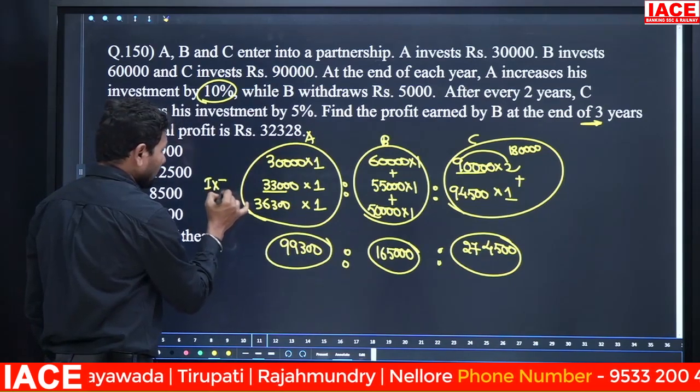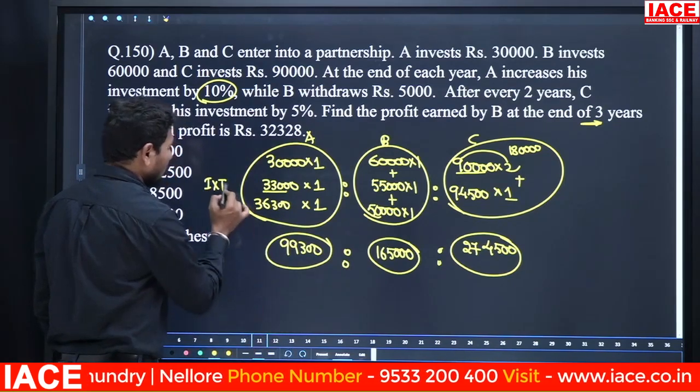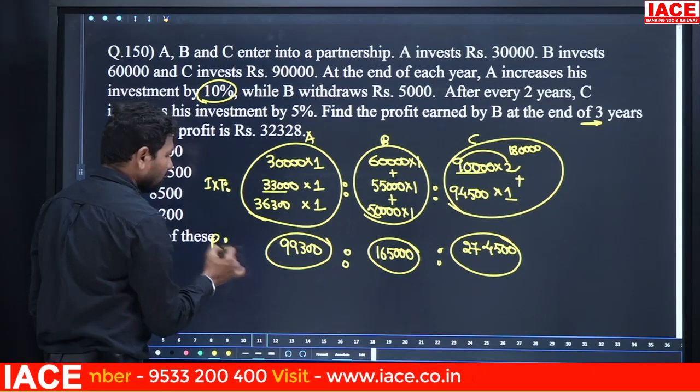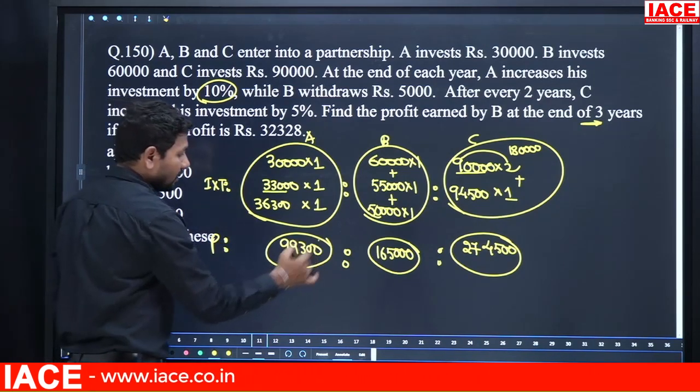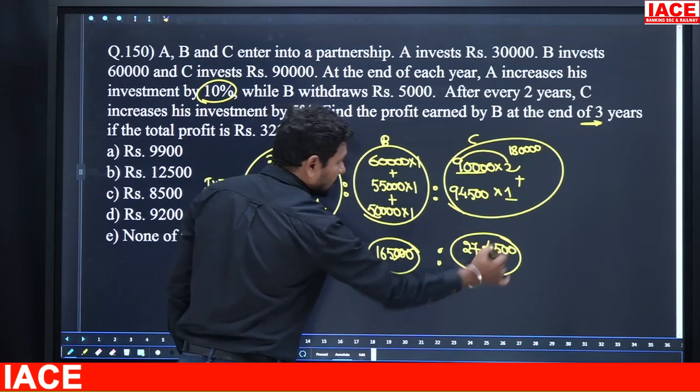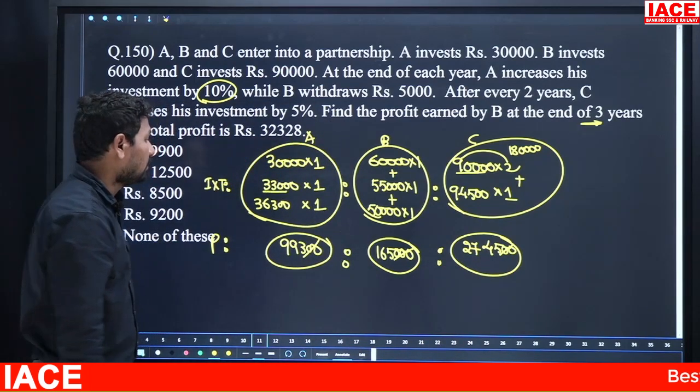Applying investment into time, you will get the profit ratio. Then the total profit we can write, and the zeros will cancel.